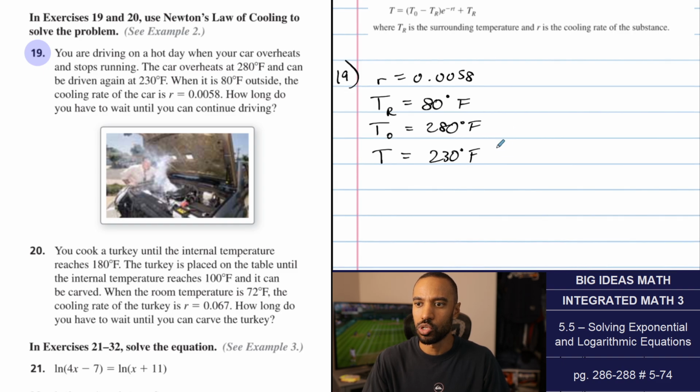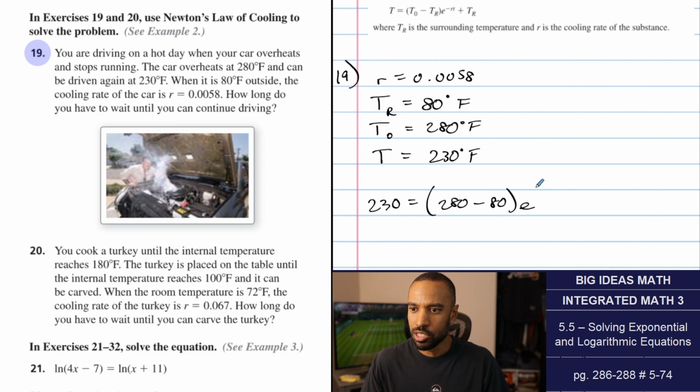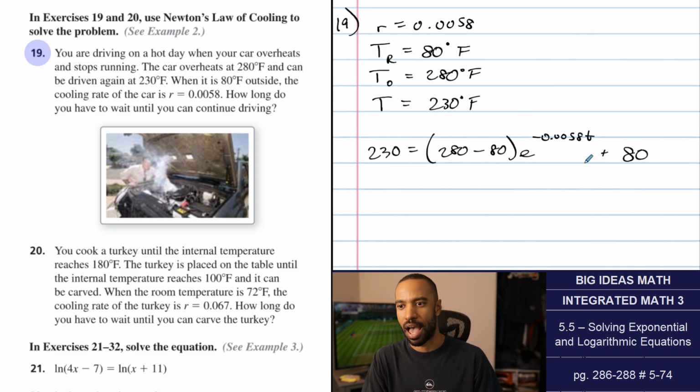So let's do a substitution of that information. Let's say 230 equals 280 minus 80 times e to the negative r times t, plus T sub R, which is 80. That's our information we have to solve for t.